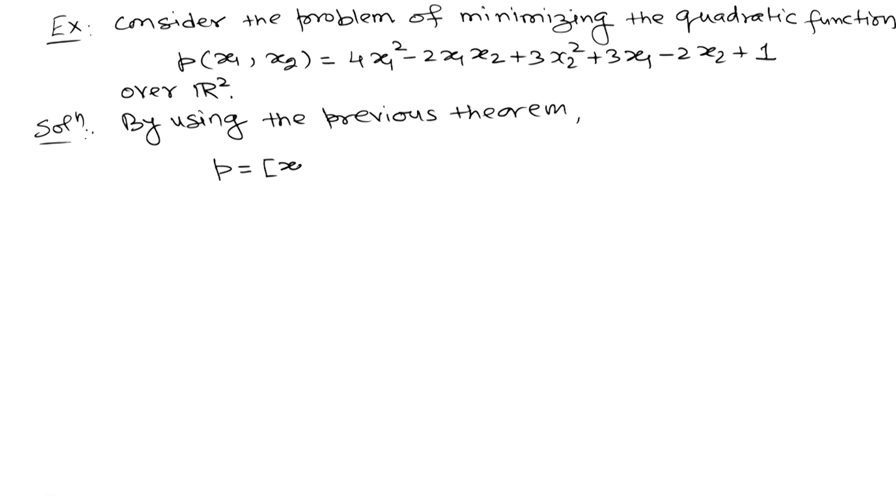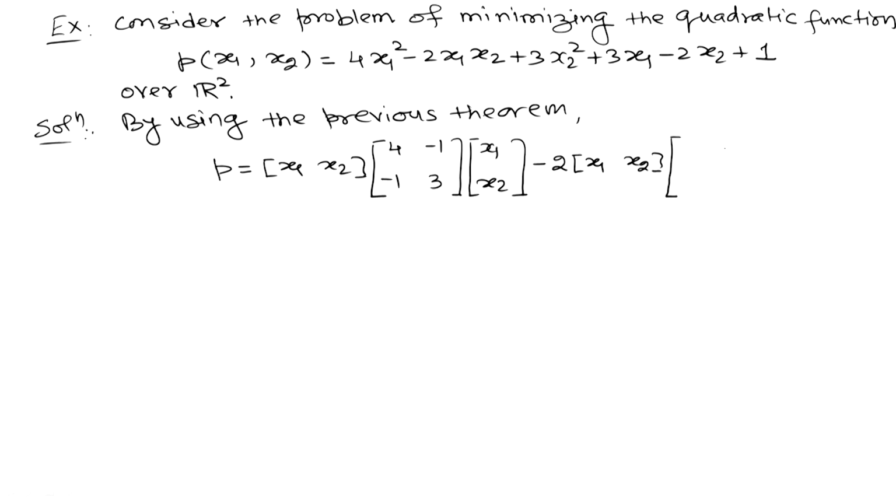It will become (x1, x2) times the matrix [4, -1; -1, 3] times (x1, x2), then minus 2 times x transpose f. So, x transpose is (x1, x2), and what will be f here? If we see the coefficient of x1 it is plus 3, so it will become minus 3 by 2, and the coefficient of x2 is minus 2, so it comes out to be 1.